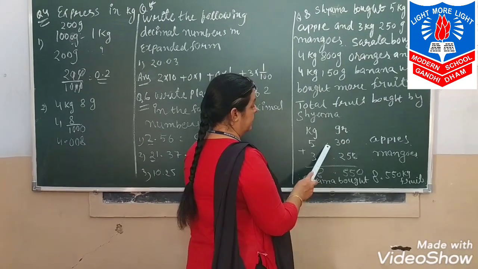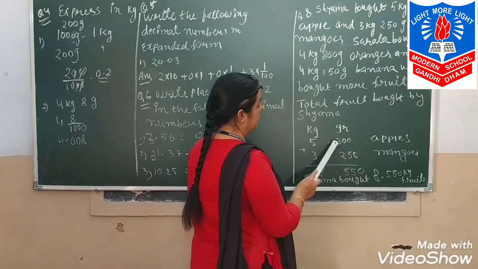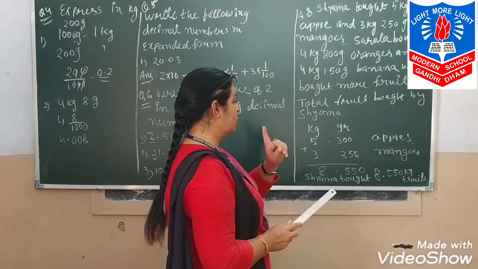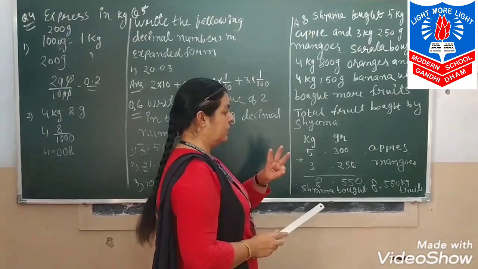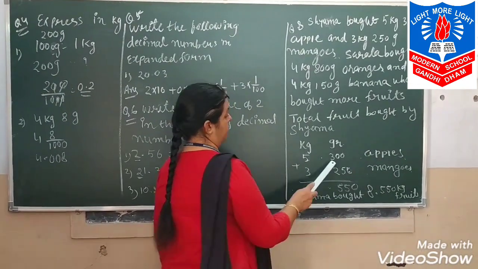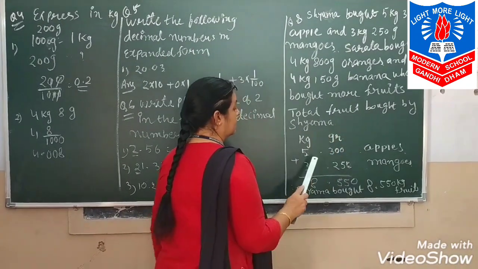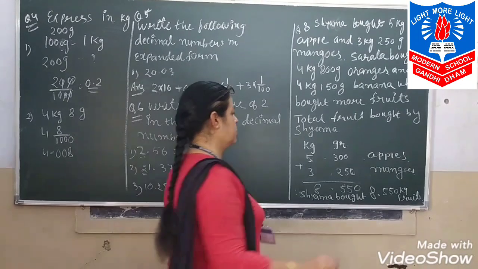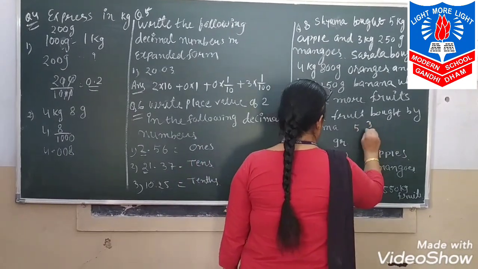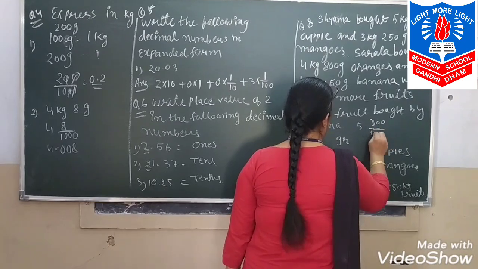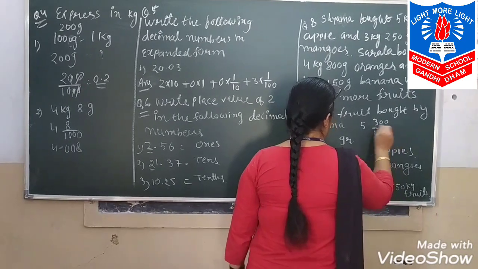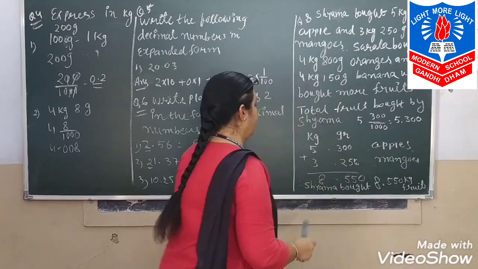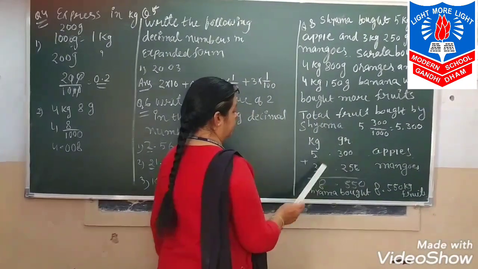After kg I put a point, and we know 1000 gram is equal to 1 kg, so the point comes after 3 digits. Otherwise, if you don't know, you may change 5 kg and 300 gram and write it in. So here is 5.300, so 5 kg and 300 gram.